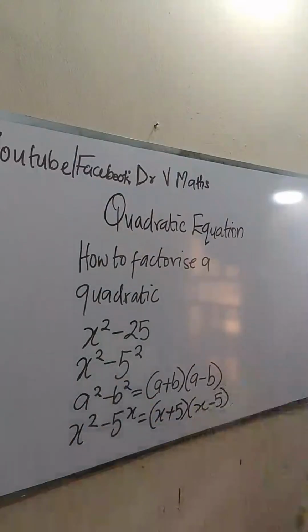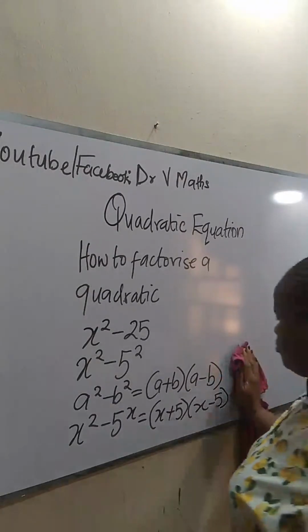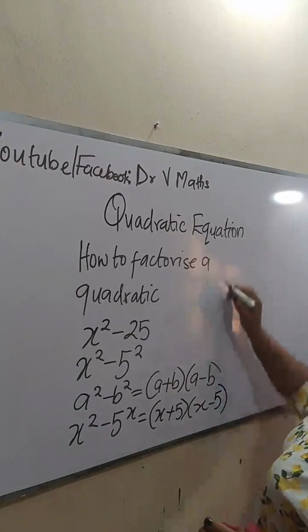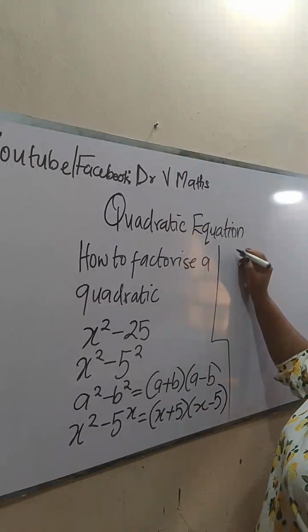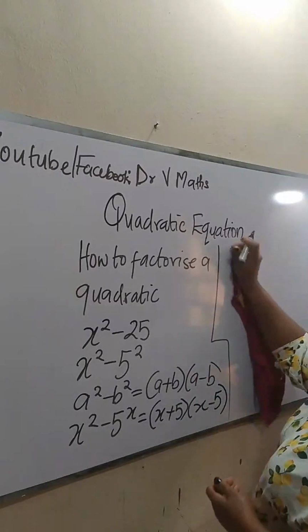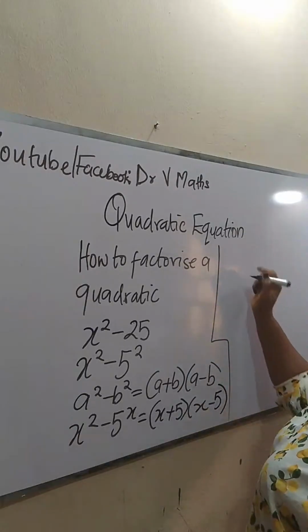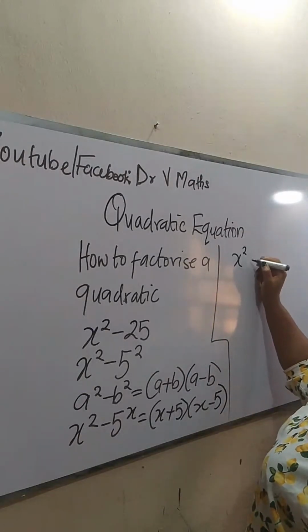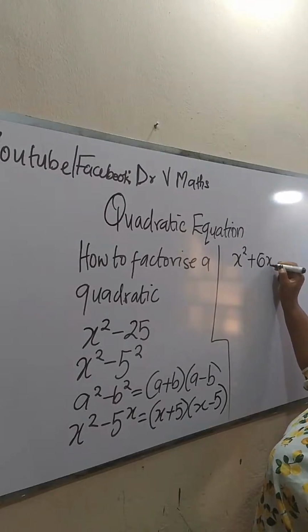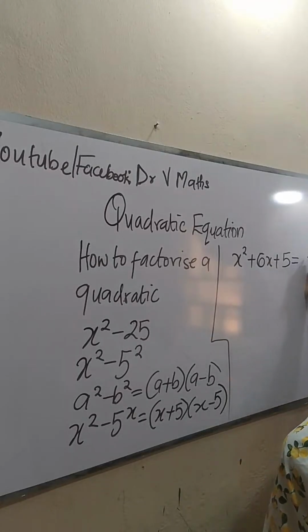So let me do more. On doing more, we consider when you have x squared plus 6x plus 5 equal to 0.